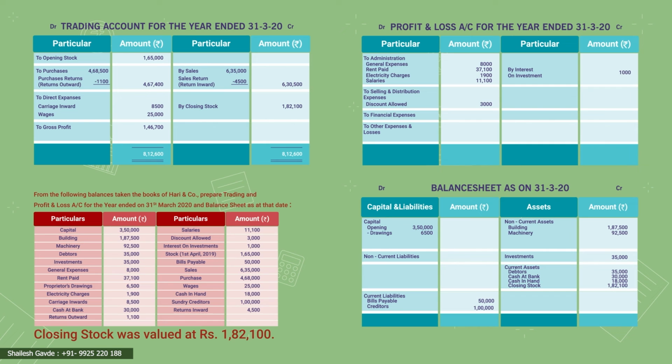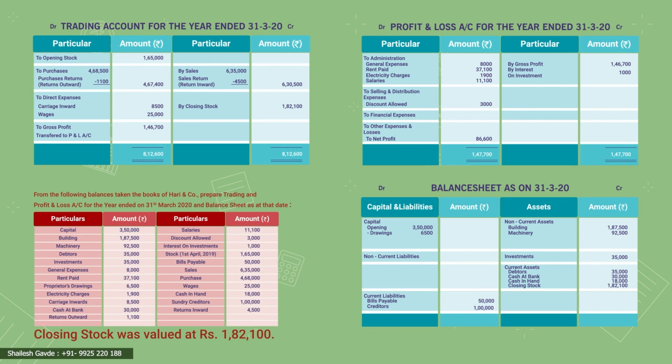This gross profit we transfer to profit and loss account credit side by gross profit 1,46,700. Then after, if we take the credit total of profit and loss account, it comes to 1,47,700. The same total we record on debit side, 1,47,700. From that, if we deduct all indirect expenses, we get a difference of 86,600, which is net profit.